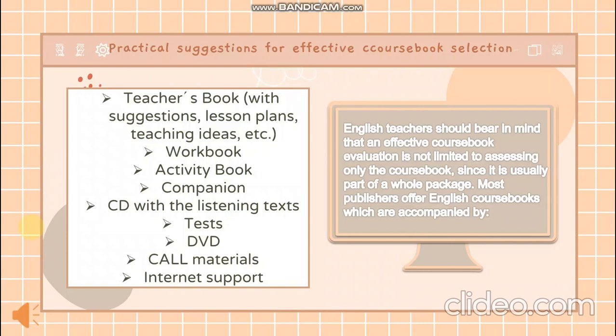Most publishers offer English coursebooks which are accompanied by a teacher's book with suggestions, lesson plans, teaching ideas, and more. And then a workbook, an activity book, a companion book, and a CD with the listening texts or tests, or DVD, or whole materials and internet support.